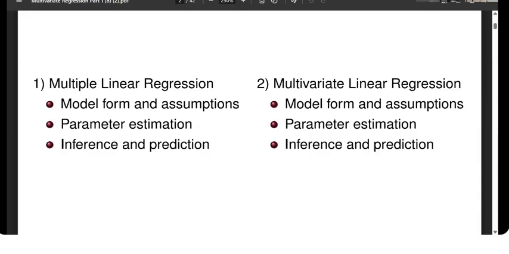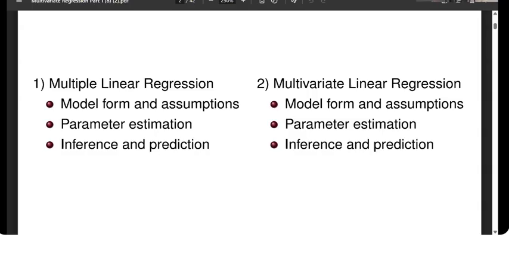I'm going to walk you through how we specify our model in this regard. Whenever we specify a model, we normally have assumptions, because our model specification involves the error term. When I say the error term, we're talking about the unexplained part of the model.